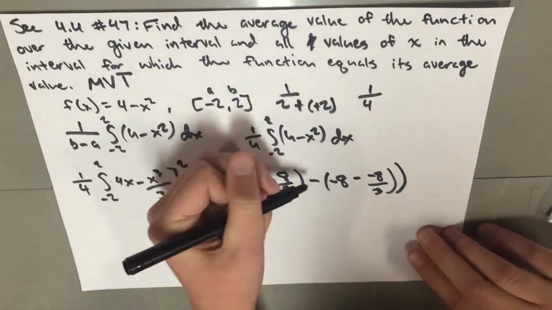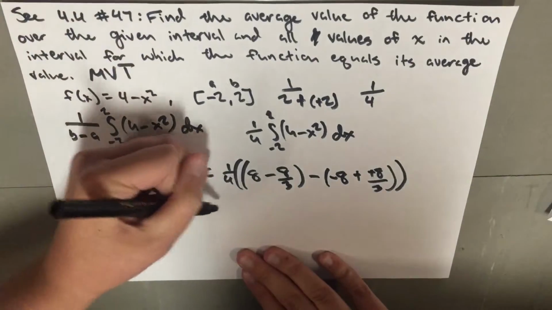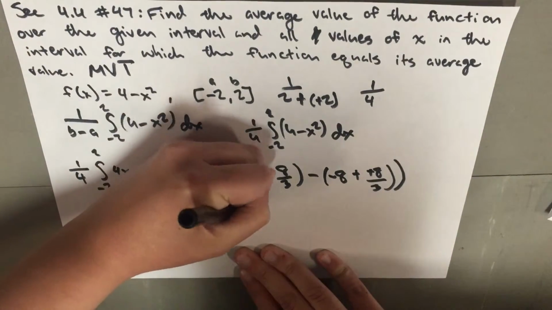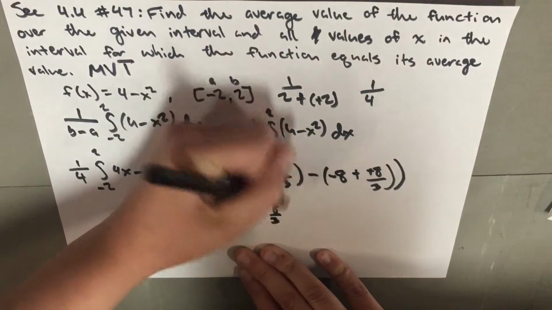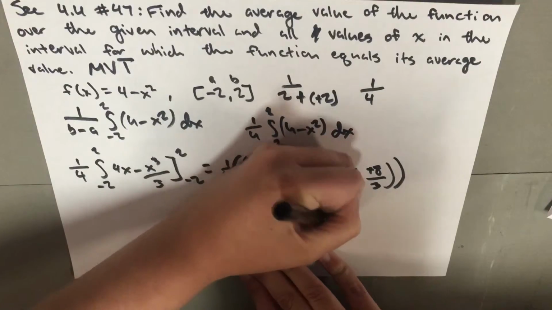And so we're going to turn these positive right there. And so to further simplify, we have 1/4 times 8 minus 8 over 3 plus 8 minus 8 over 3.